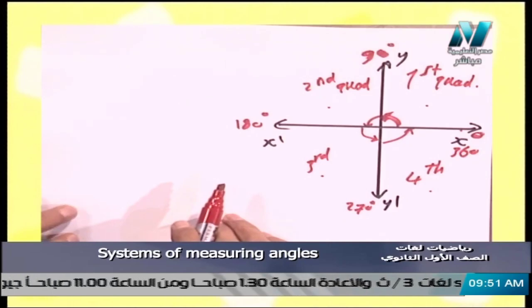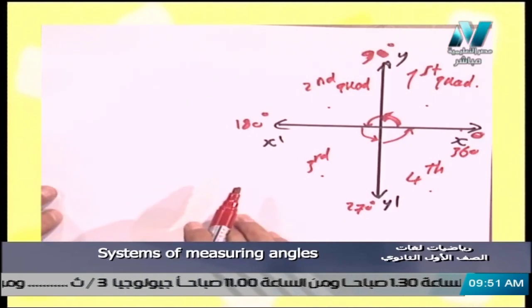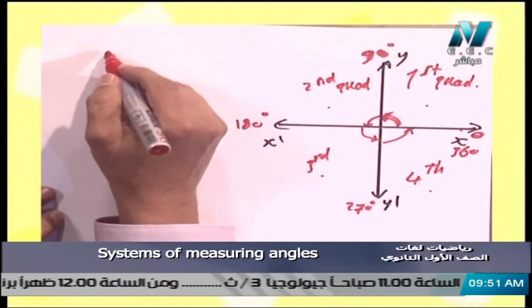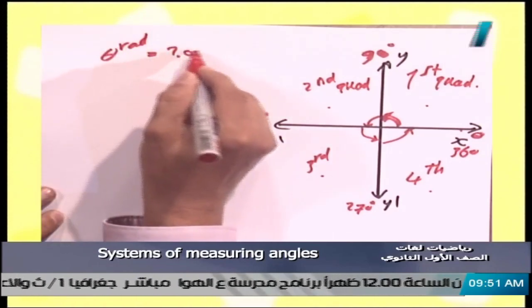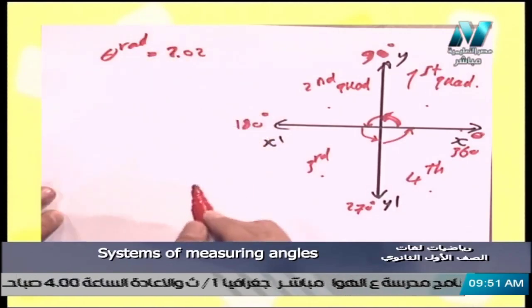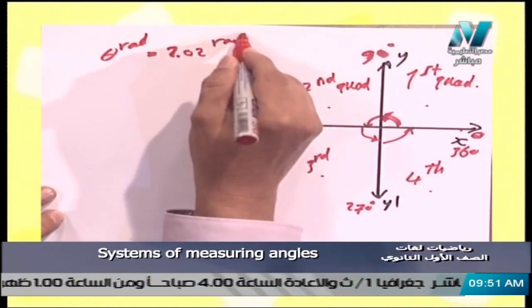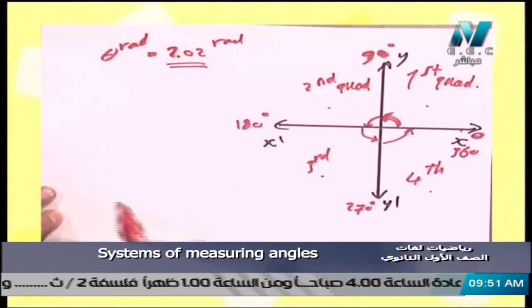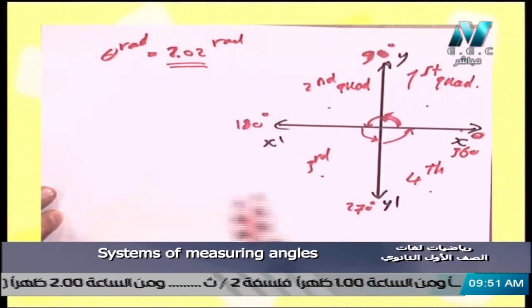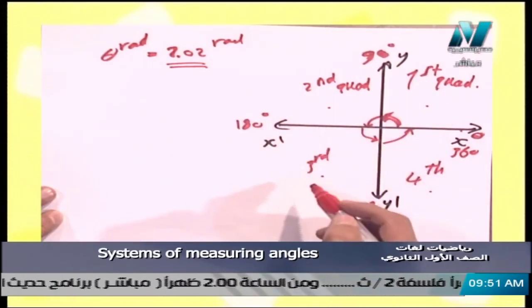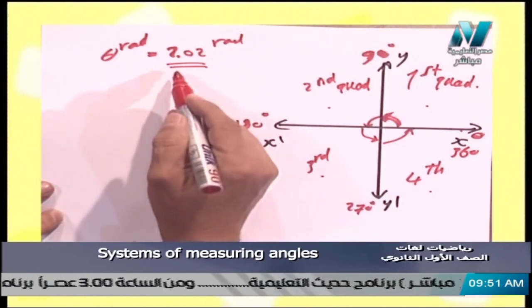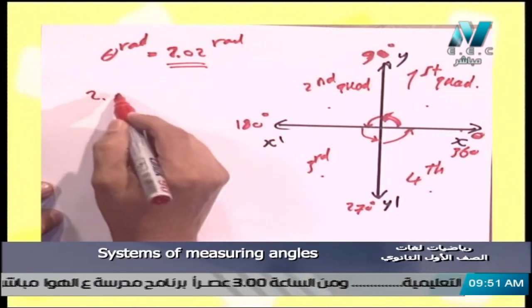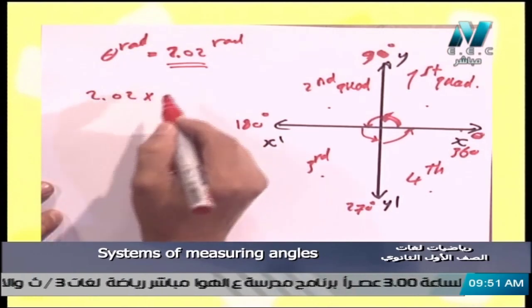Okay, so someone asked us: theta rad equals 2.02 rad. Does this angle lie in the first, second, third or fourth quadrant? First, it's easy to convert it from radian to degrees.